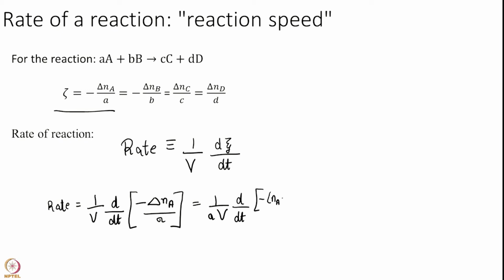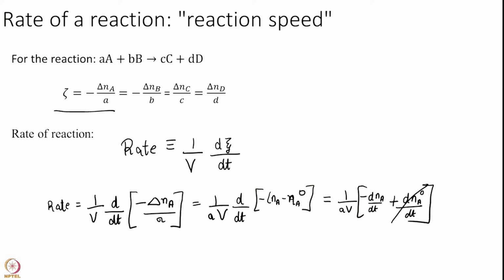It is Na minus Na naught. So, this is equal to 1 over Av minus dNa over dt plus dNa naught over dt.